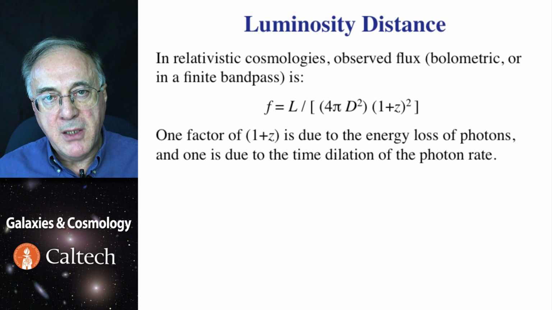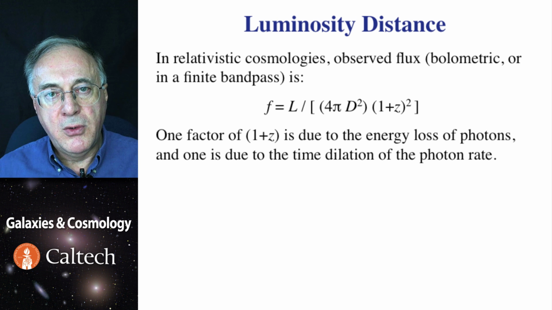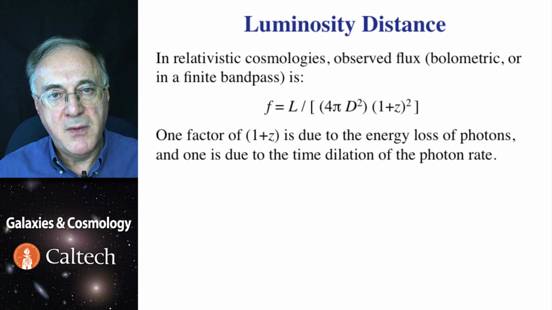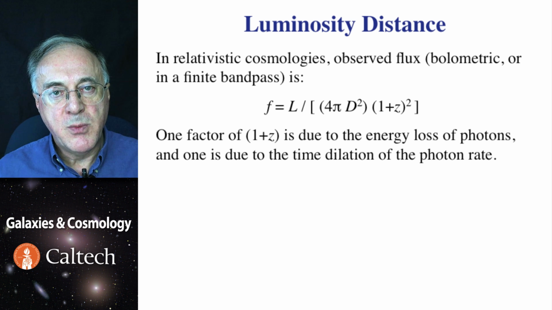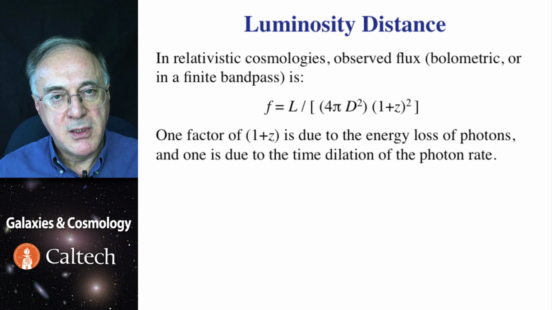In the case of an expanding universe, there are two terms of 1 plus redshift that come into play. One of them accounts for the energy loss of photons because their wavelengths are stretched by 1 plus redshift. But the thing is moving far away from us and fast, and so we have to account for the relativistic time dilation.